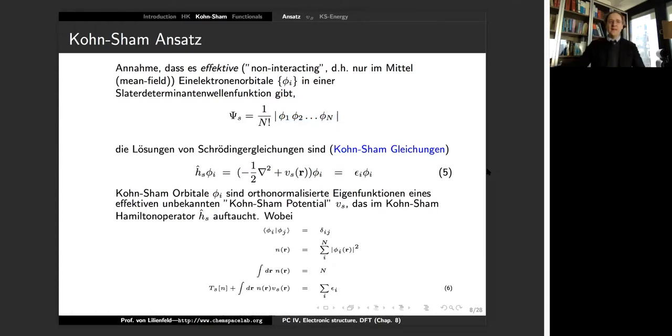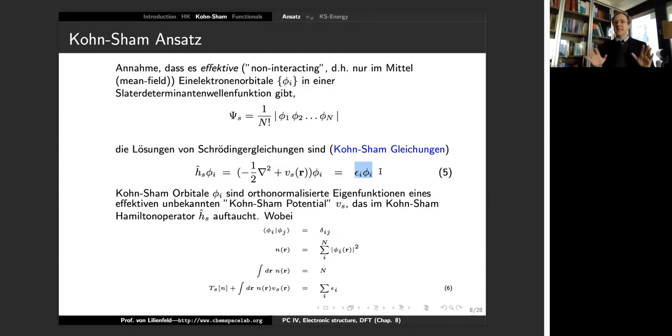What we do now is to write down for every electron a single electron Kohn-Sham equation, and this is a single electron Schrodinger equation, really. Here you see some Hamiltonian operator, and out comes your eigenvalue with the electronic wave function.